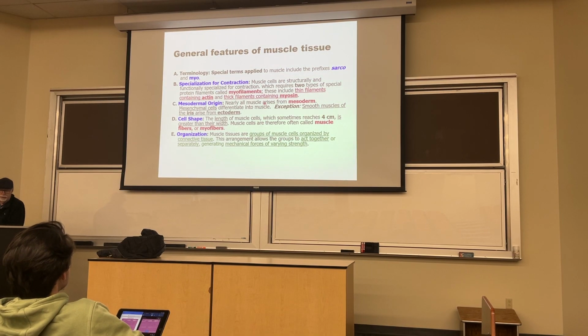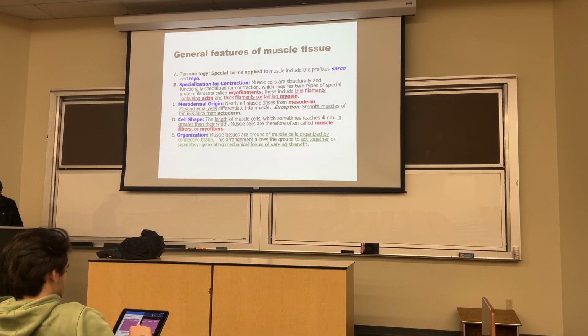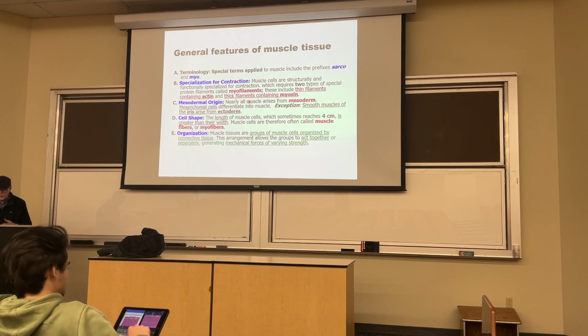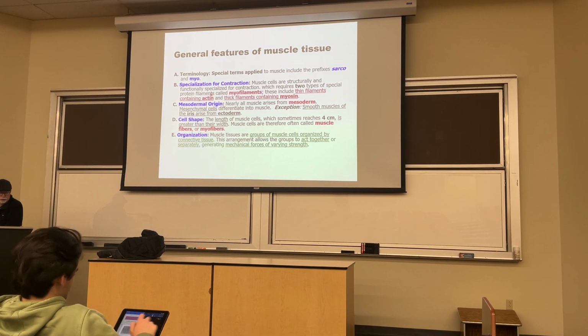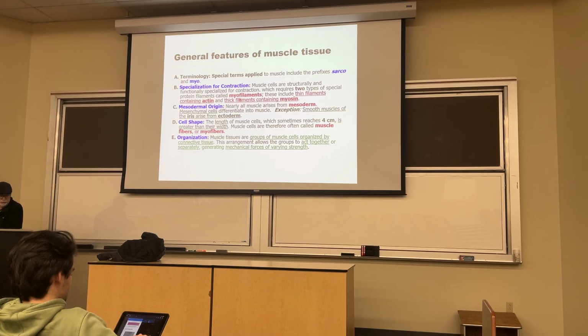And then we have thicker filaments, and those are called myosin. When we say thicker, that just means they're bigger in diameter. So myosin are bigger in diameter than actin. And then we're going to have some regulatory proteins that we'll talk about, like tropomyosin and troponin. So we have a number of proteins in the muscle cells that do different things.